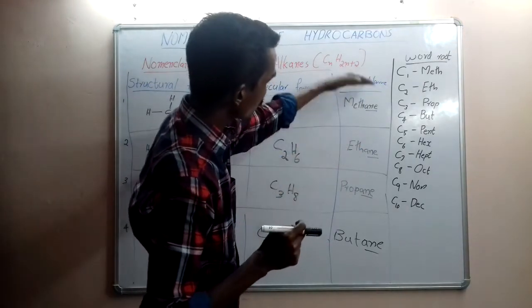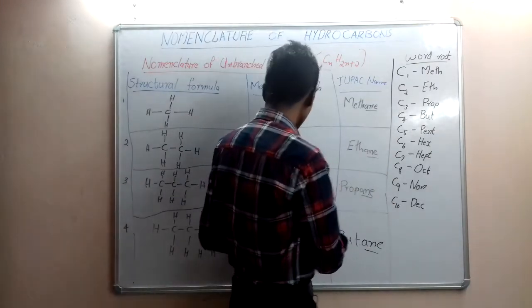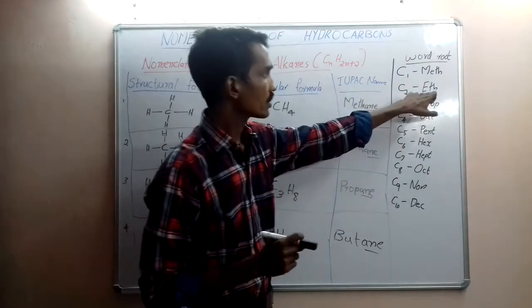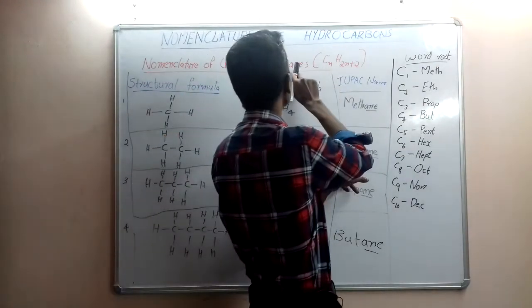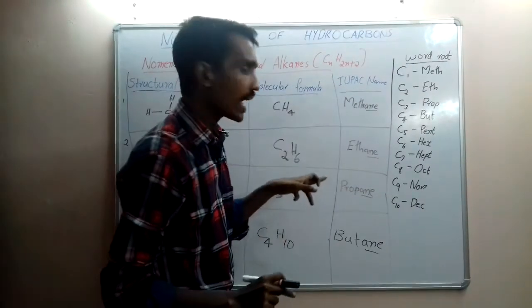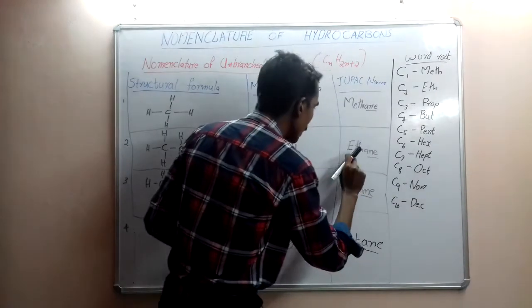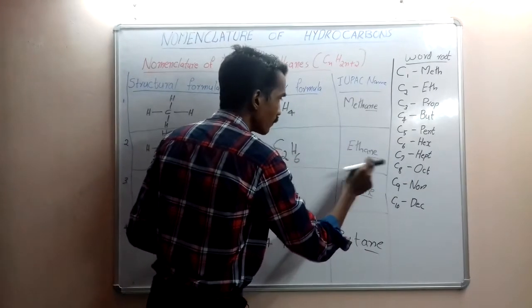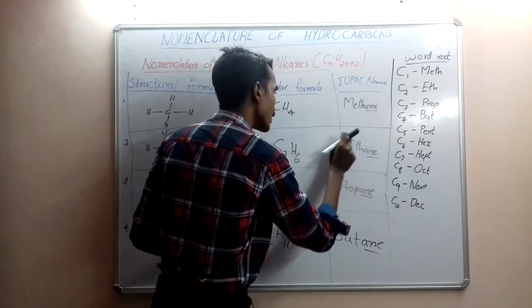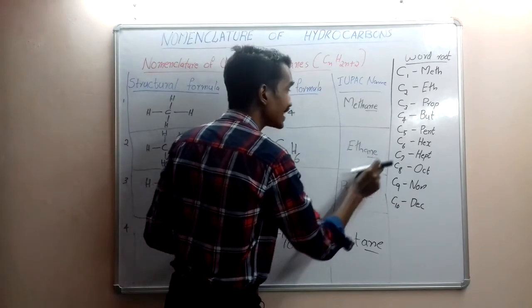Its IUPAC name is, so here 2 carbon is there, so the word root is eth, and the suffix of alkane is ane. So along with this word root and suffix, we call it ethane.